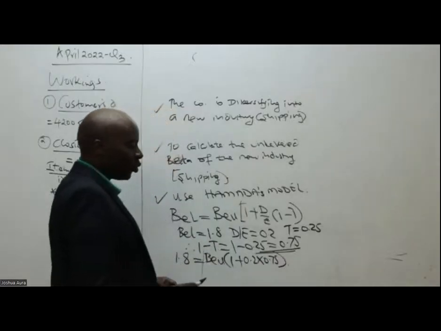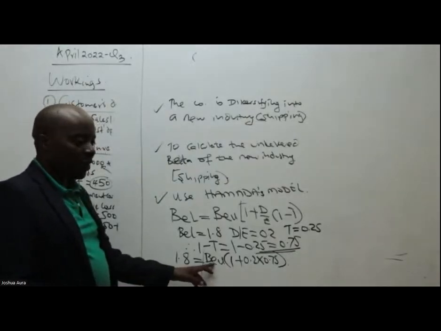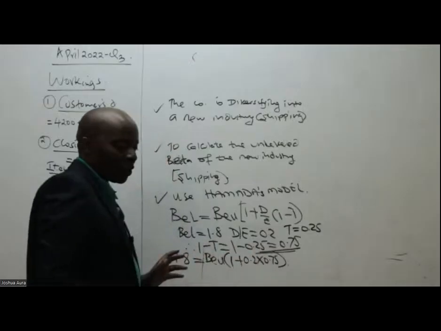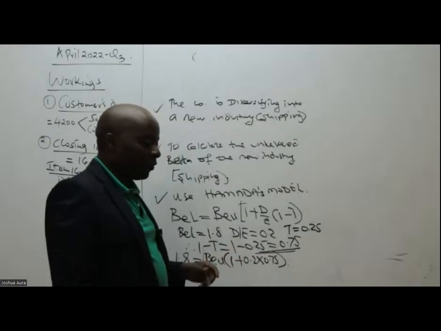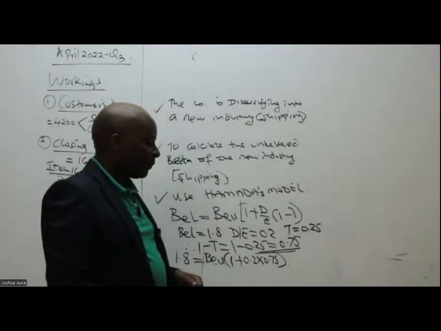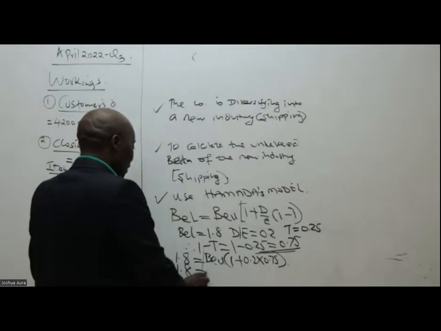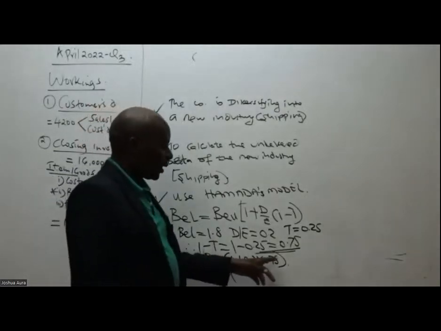So please go slowly until you give me beta equity of unlevered firm. First of all, give me whatever is in brackets, 1 plus 0.2 times 0.75, right? So we have here 1.8 equals beta equity of unlevered firm into this bracket.